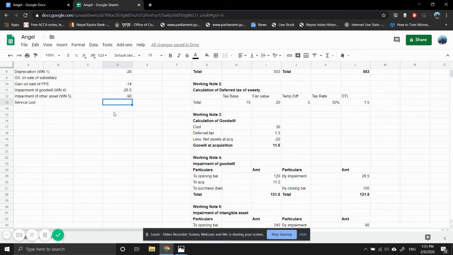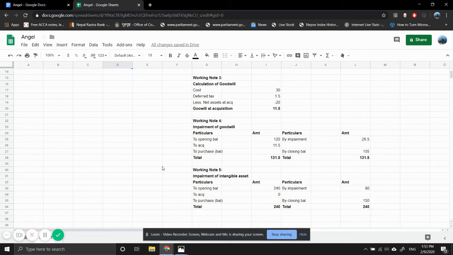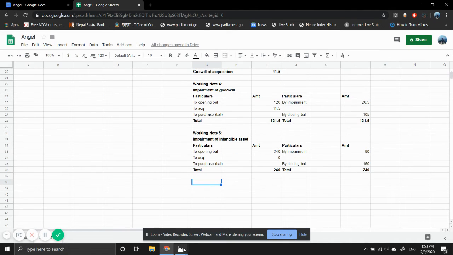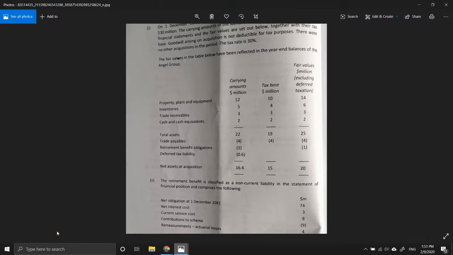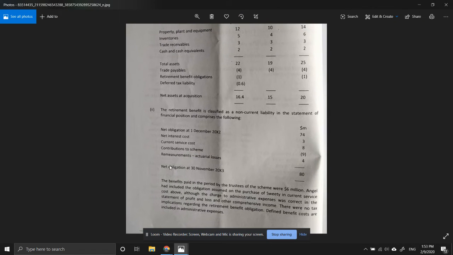so what's our service cost, right? Let's look at it. There is some problem with that as well. It's already been calculated, but what it has done is that it has also included the acquired subsidiary's cost. That was 6 million.